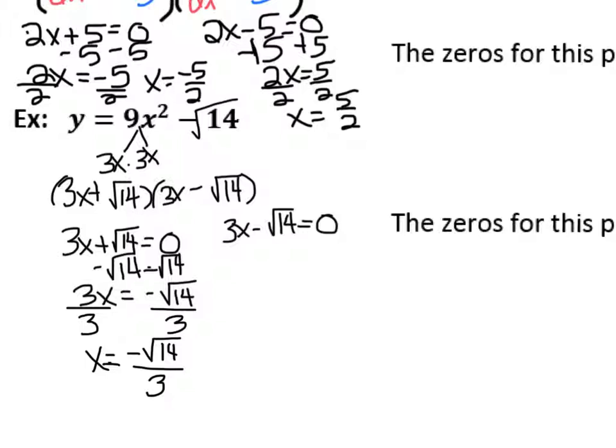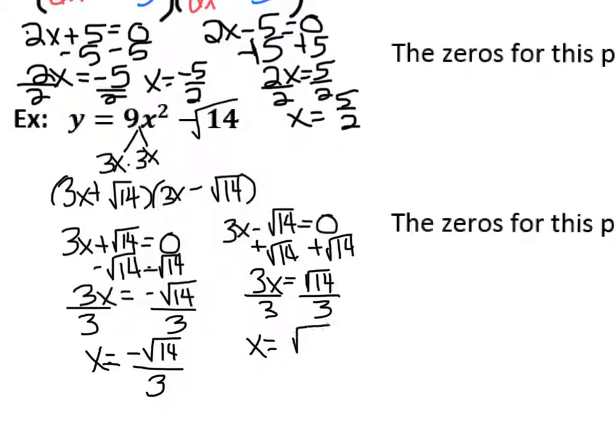Well, in the second one, the only difference that I'm doing here is I'm adding the square root of 14 instead of subtracting it. So instead of getting a negative square root of 14, I get a positive over 3.